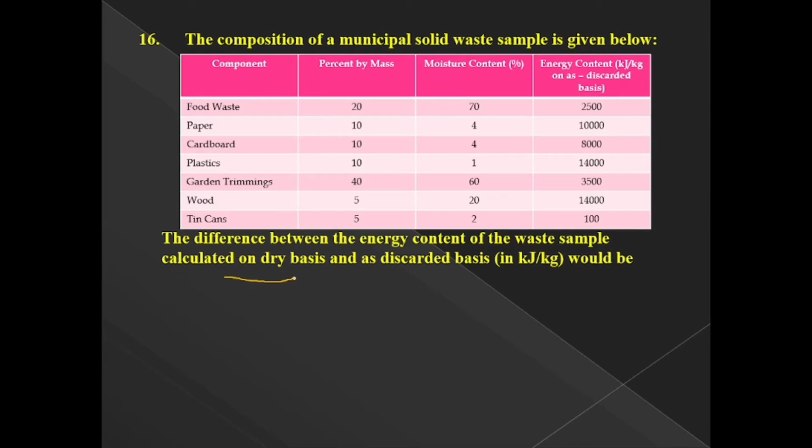So energy on the basis of the dry condition, because we have to discuss this situation, is a very important condition. Energy on dry basis is equal to the total energy when mass is dry.